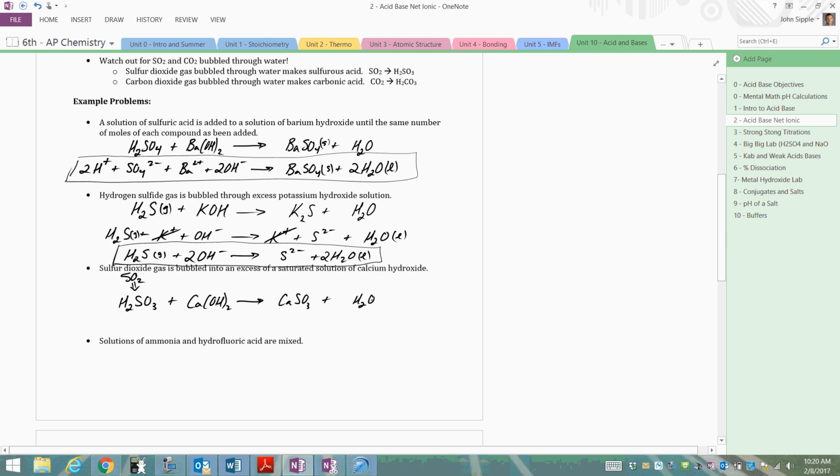Great. Okay, is H2SO3 a strong acid? No, it's not. So we keep it written as is. Is calcium hydroxide a strong base? Okay, break that up into ions.